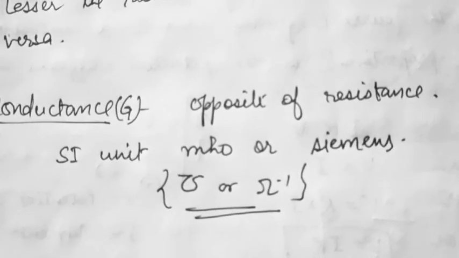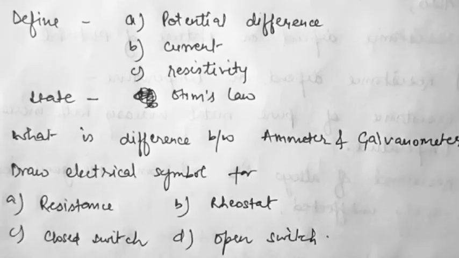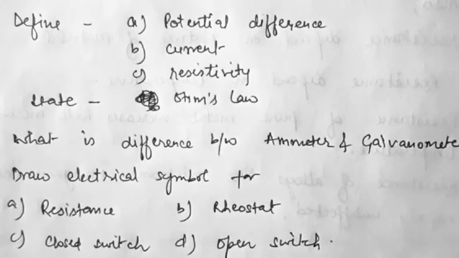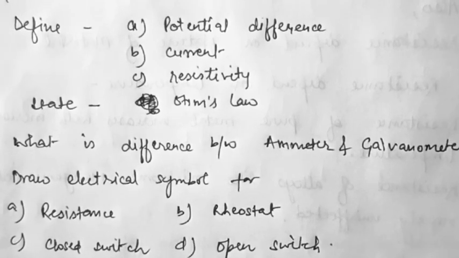This is for your knowledge. So you can get a brief idea that the higher the resistance, the material will be a bad conductor, and the lesser the resistance, the material will be a good conductor.